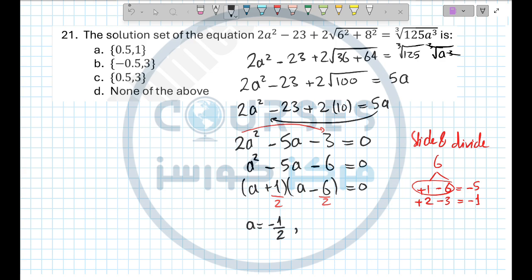Here, 6 divided by 2 is 3, so that's a minus 3, so it means a will be equal to the opposite sign of that, which is just 3. Of course, negative 1 over 2 is negative 0.5. It's a half. And 3. So negative 0.5 and 3, it means the answer is B.